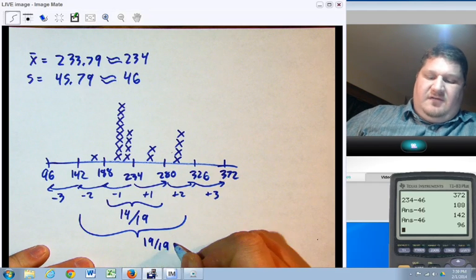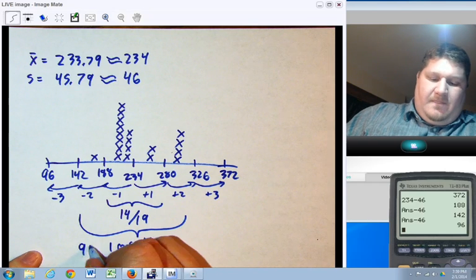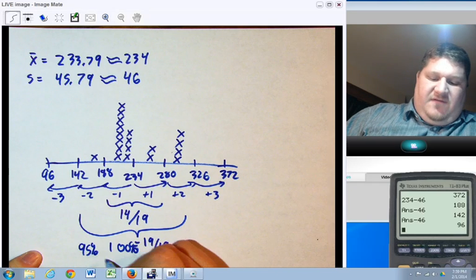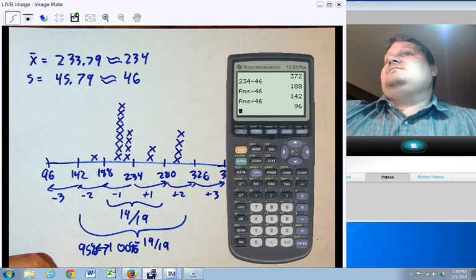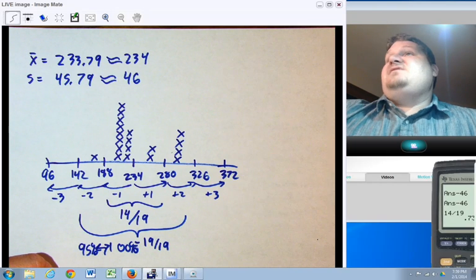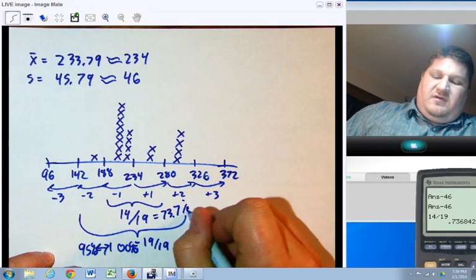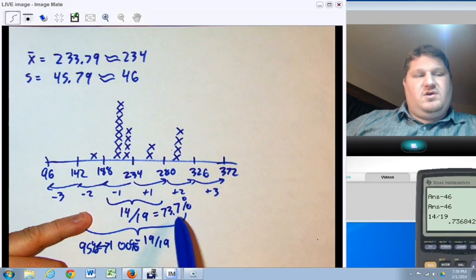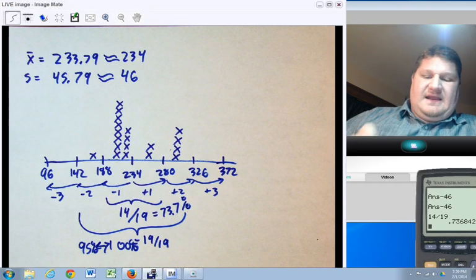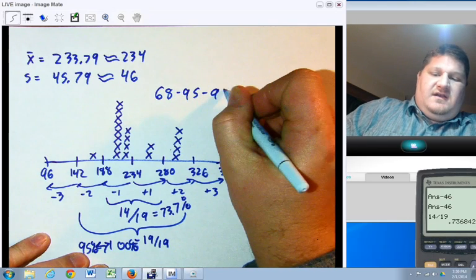Now, obviously, this equals 100% when we were looking for 95%. 14 out of 19 is 73.7%, or 74. So unlike last time where we were a little shy of our 68, here we're a little over on our 68. But again, we're looking for 68, 95, 99.7.